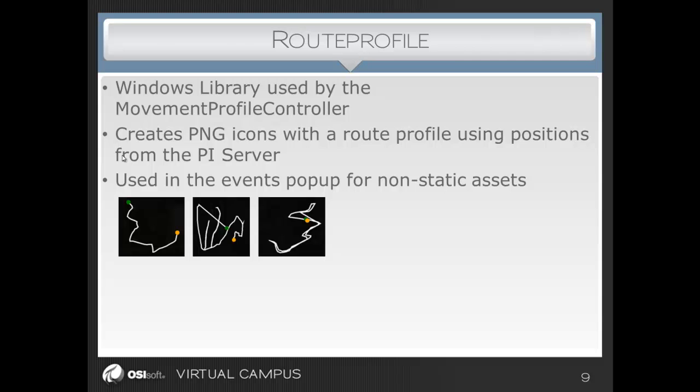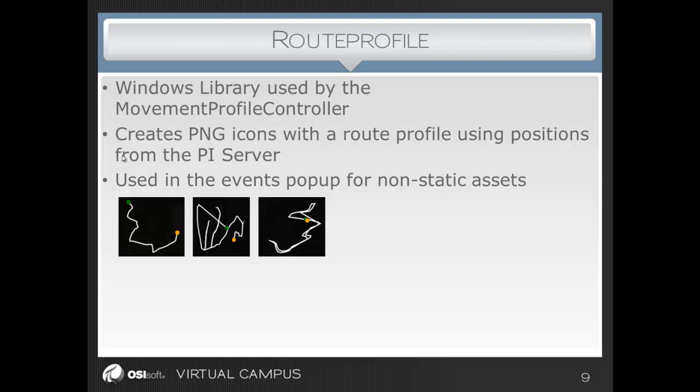So whenever in the client you are asking for event frames of a moving asset, it will have an image tag in it which links to this controller, and that controller will get the movement data out of the Pi system and render that PNG and serve that PNG up to the client.